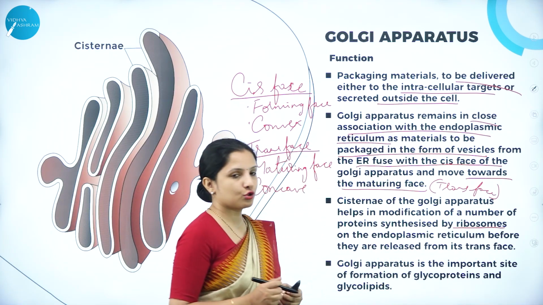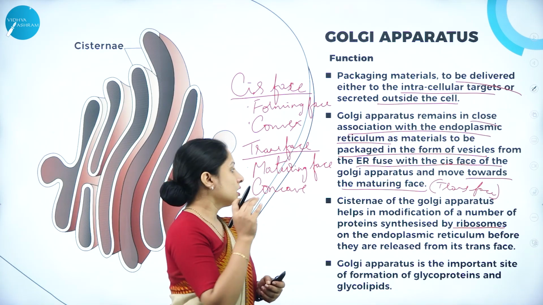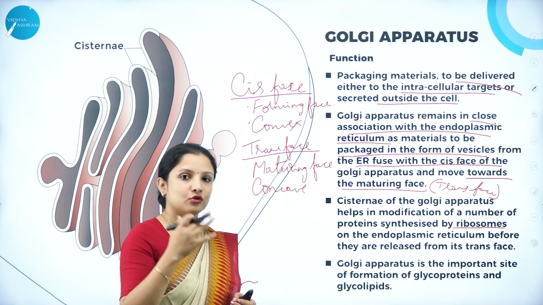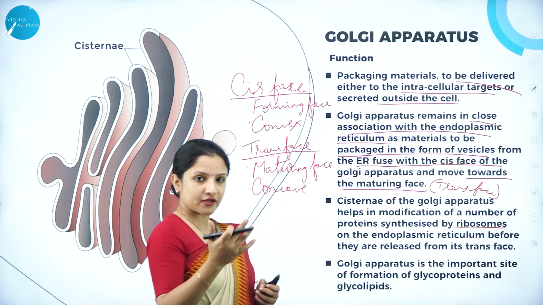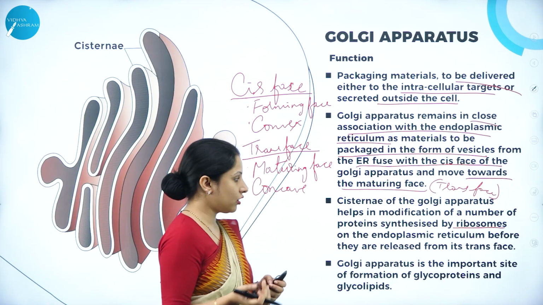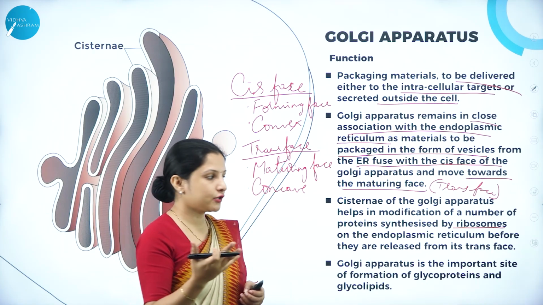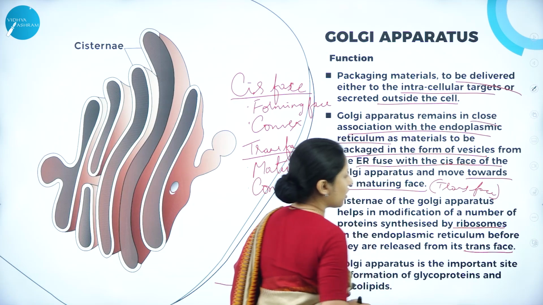Those ribosomes which are present on the rough endoplasmic reticulum, whatever proteins are synthesized by them, will get modified by the cisternae of the Golgi apparatus, and then those modified proteins will be delivered to where?